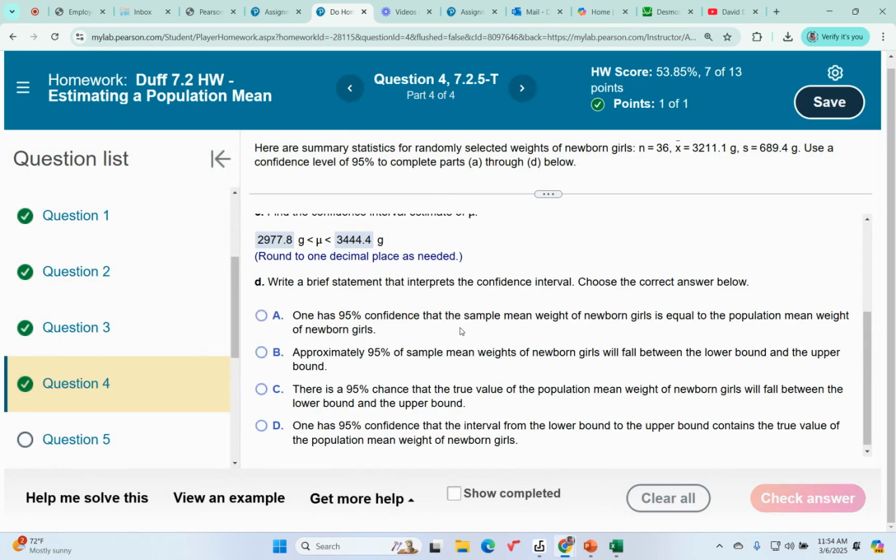And then write a brief statement that interprets a confidence interval. A confidence interval gives us a range of estimates of what the true mean would be, and the level of confidence is how confident we are that the true mean will fall in this range.